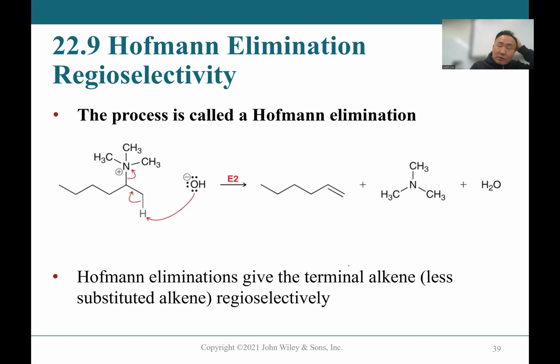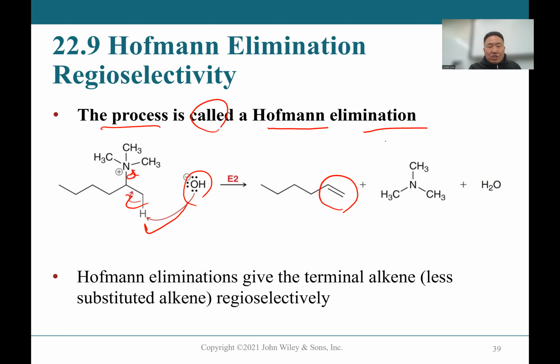So when you see the mechanism, hydroxide deprotonates to make the terminal alkene. This process is called Hofmann elimination.